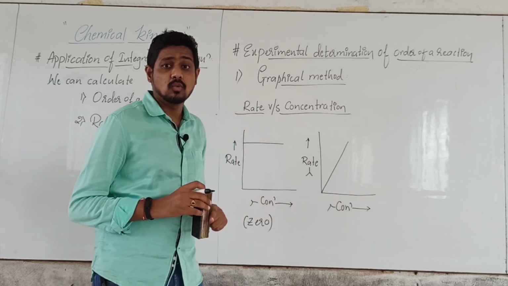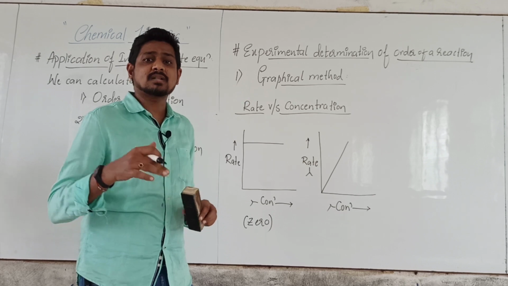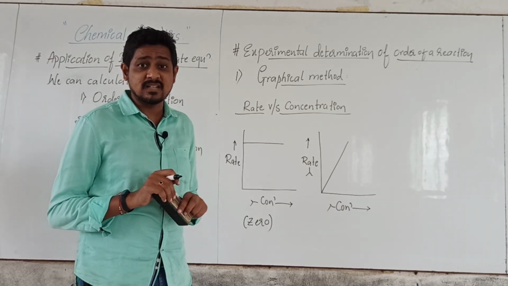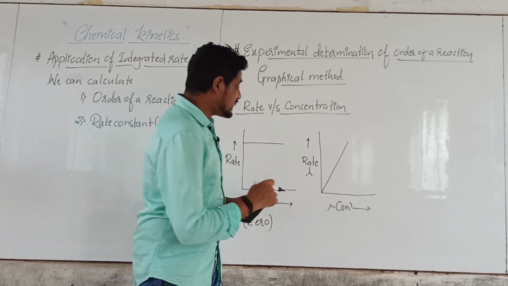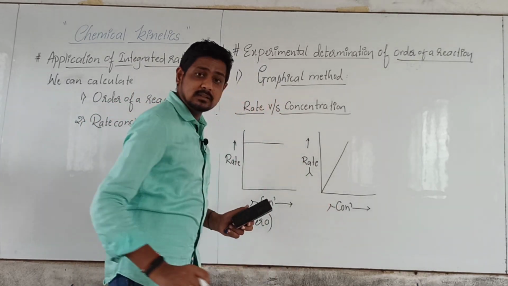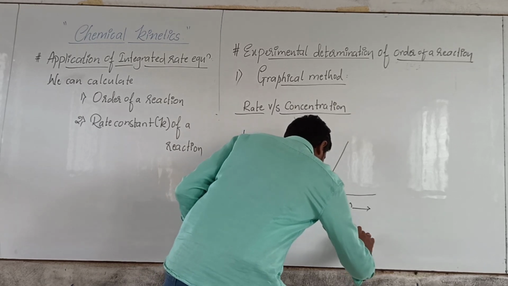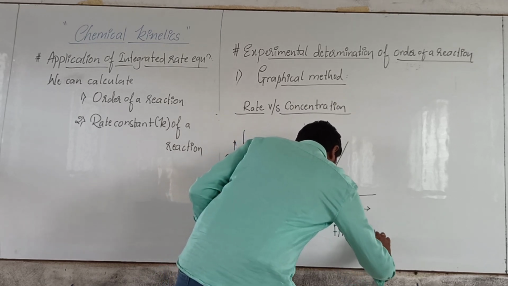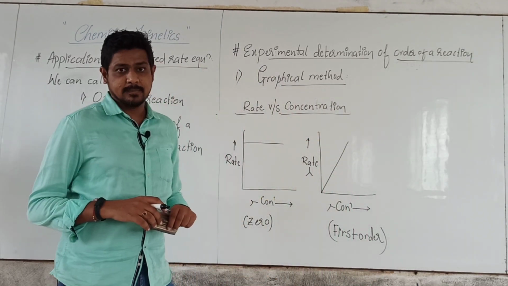Then it is a first order reaction. Why first order? Because as the concentration is increasing, the rate is also increasing. So if the plot is like this, then we will say this is the first order reaction.